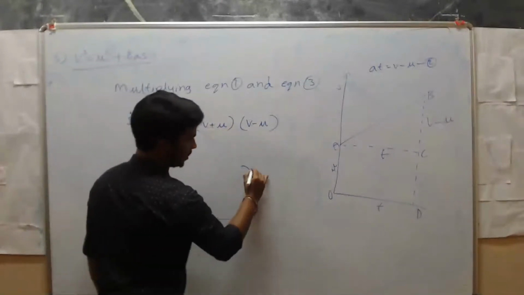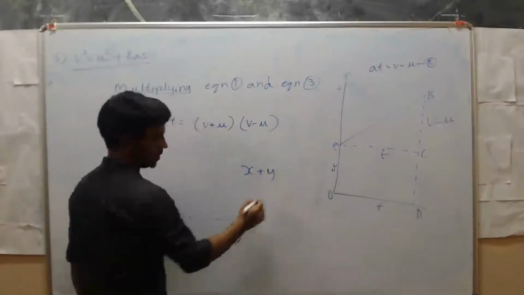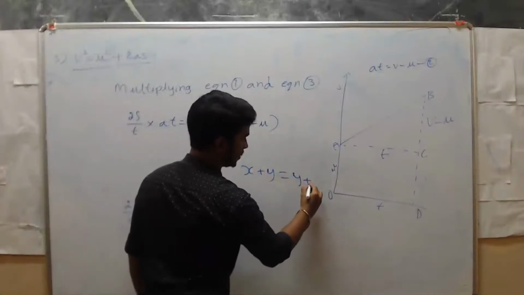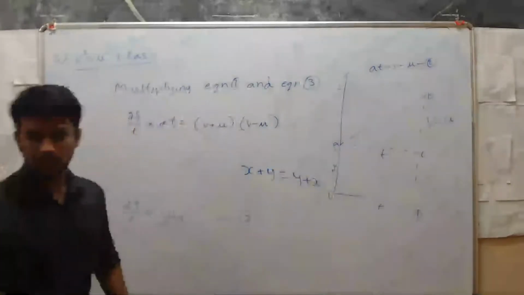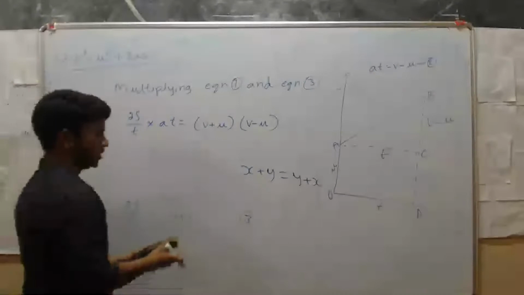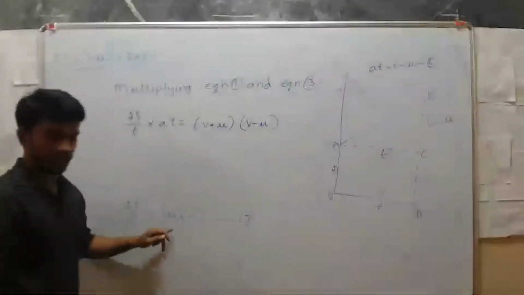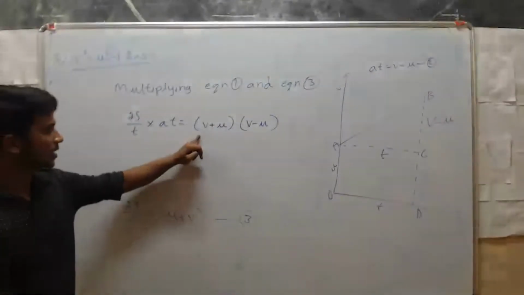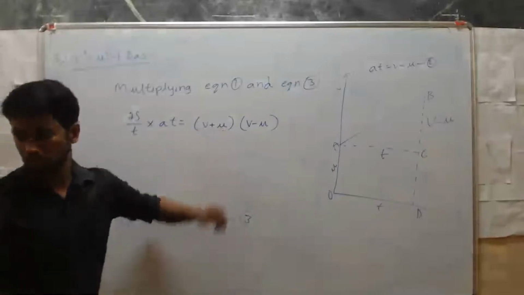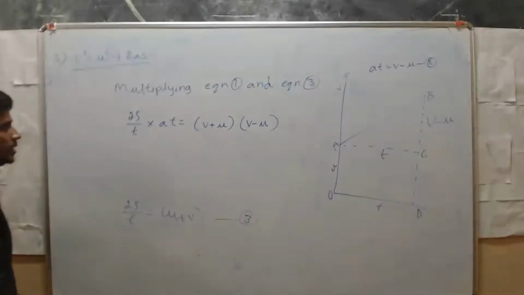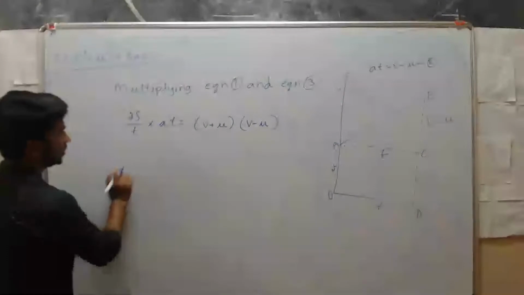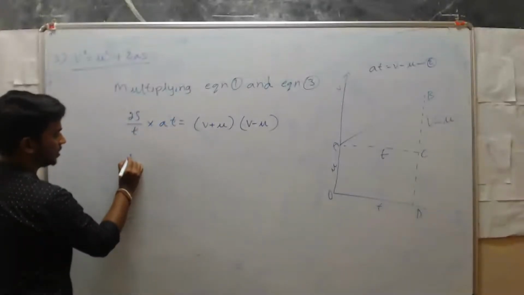You know, right? X plus Y can be written as Y plus X. Both are the same. Here I have written U plus V, but here I have written V plus U. Now see here, T gets cancelled, right?